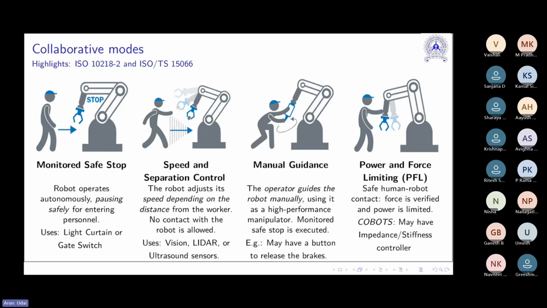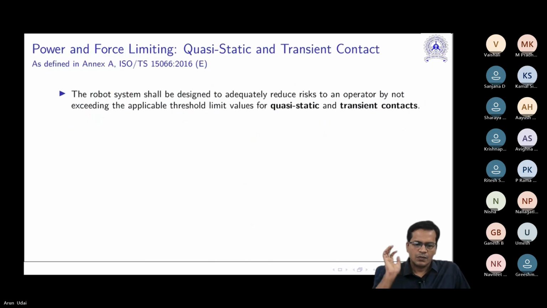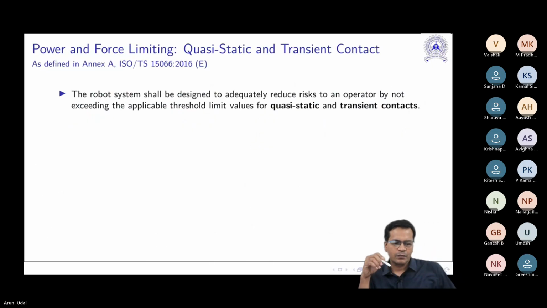It is not only a position controller, you also have a stiffness controller: how stiff is your joint, how stiff is your end effector in Cartesian displacements. That is how it is controlled. So now power and force limiting, what is that? The last one, quasi-static contact and transient contact, what are they? Let us discuss these.